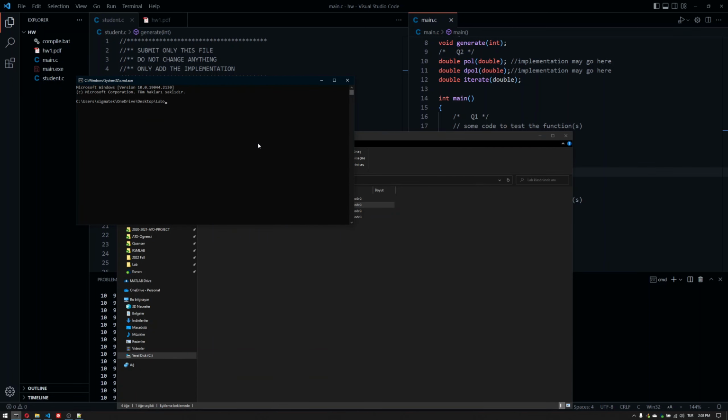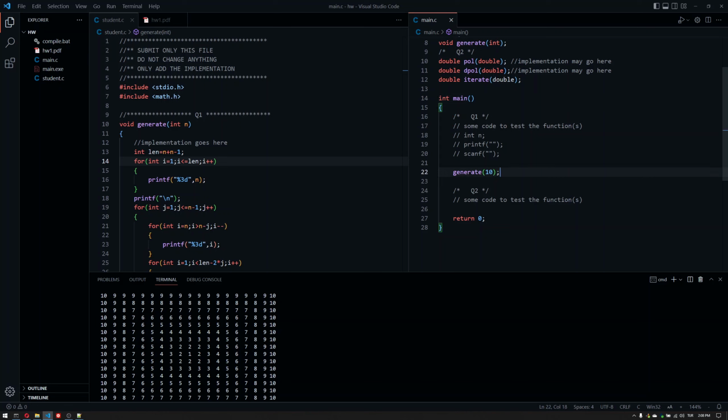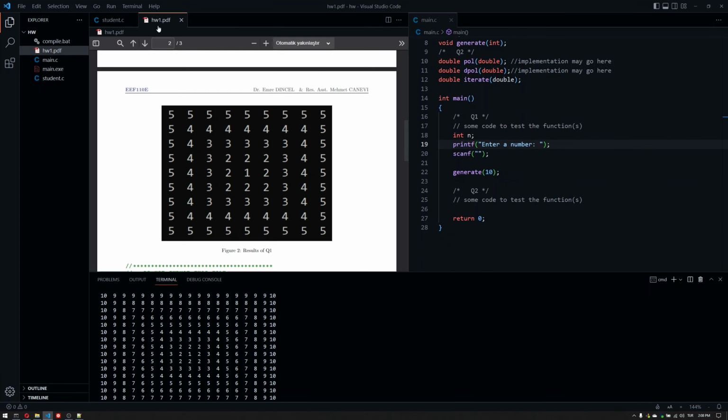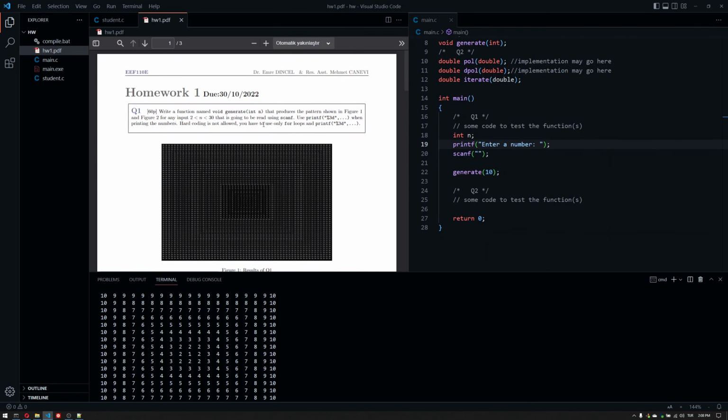Open up a command line. Let me first change this. So let's do this stuff here for testing. Enter a number. What was the limitation on that? Between 2 and 30.